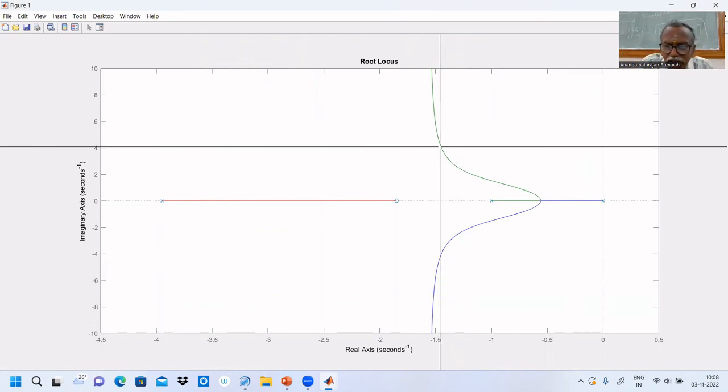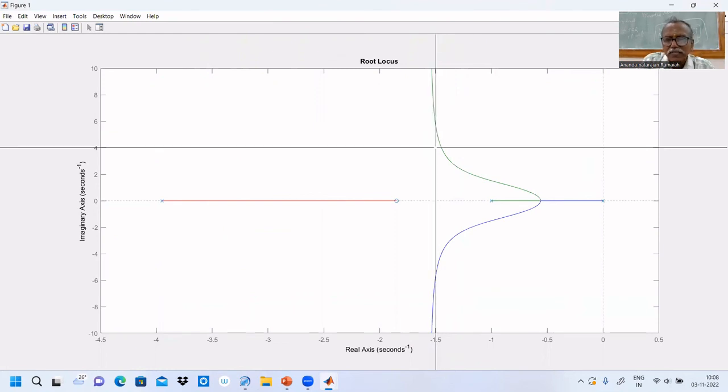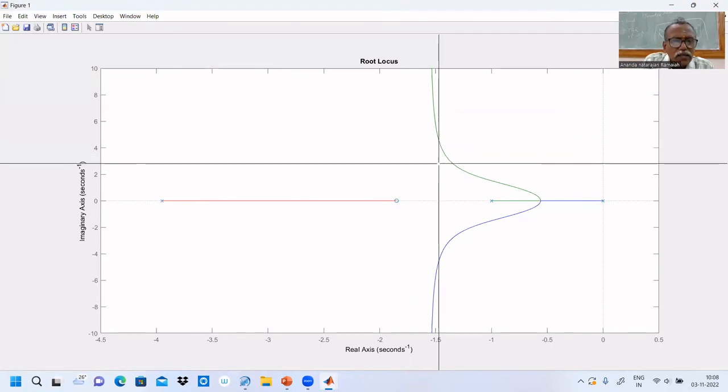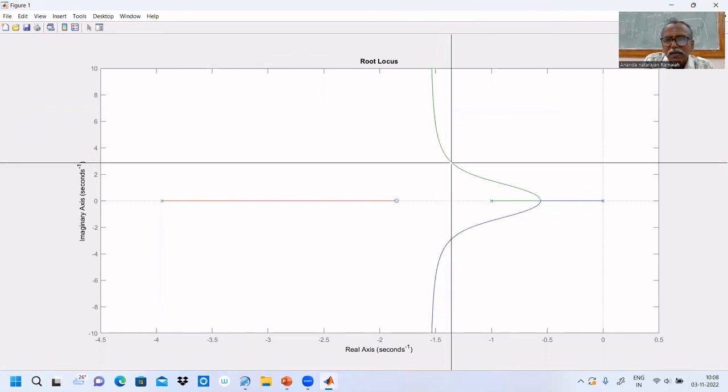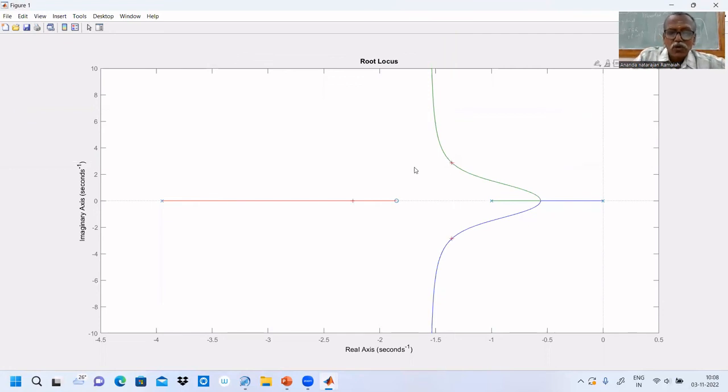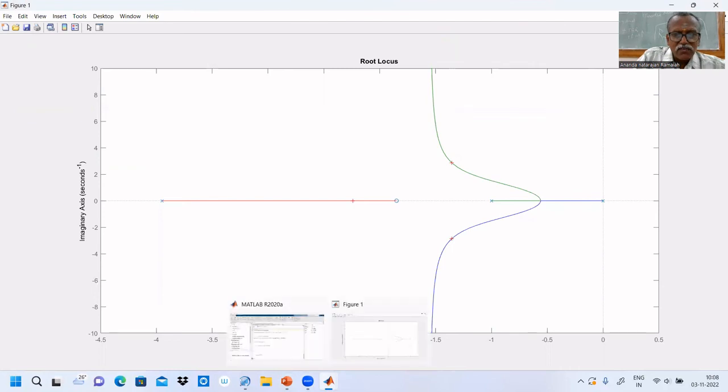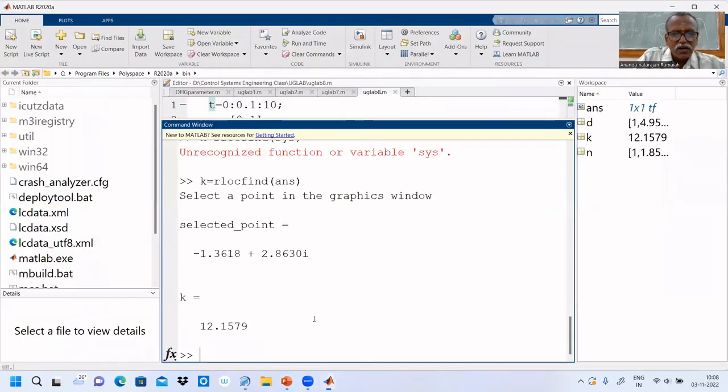Okay, we will find 1.5 and around 2.6. It is not exactly passing through 2.6, but comes very close to that because we didn't draw that graph correctly. So at this point, what is the value of k you will get? Here, what is the value you got? 12.15. Analytically, how much we got? 10 point something. The difference is because it is not exactly passing through that point. 12.1579.